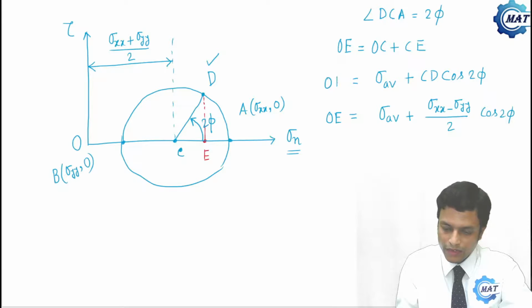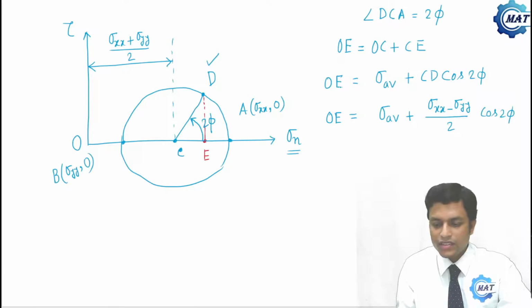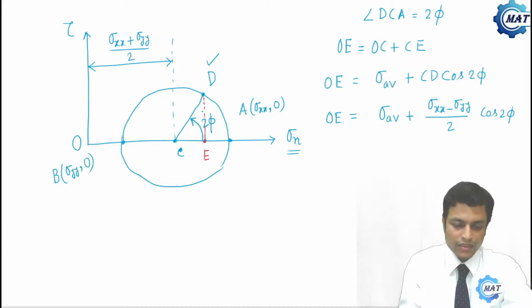OE, the x coordinate of point D, gives the same value of normal stress which we found in our analytical method. What was the expression of normal stress?